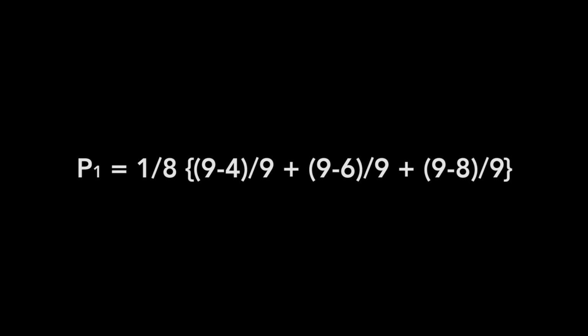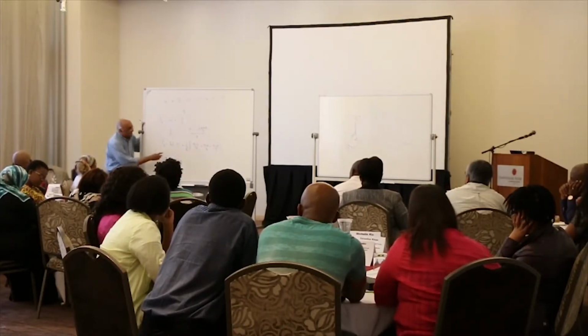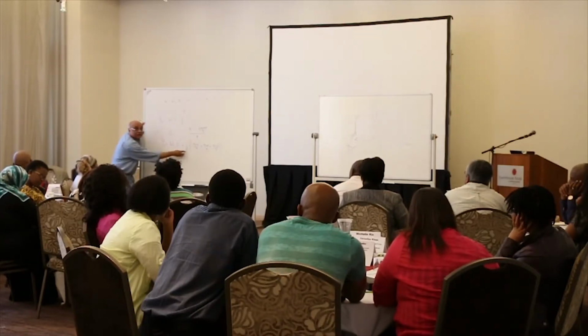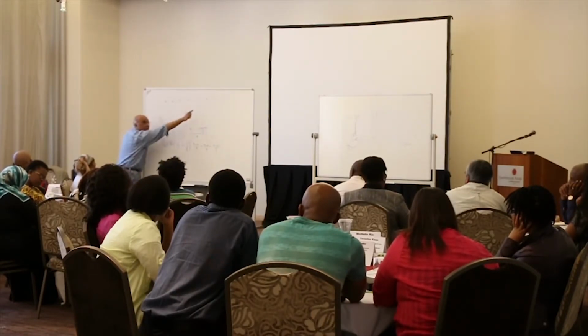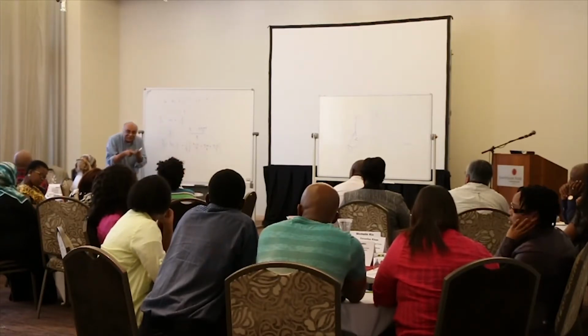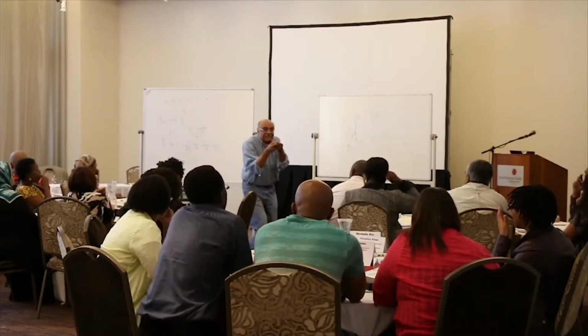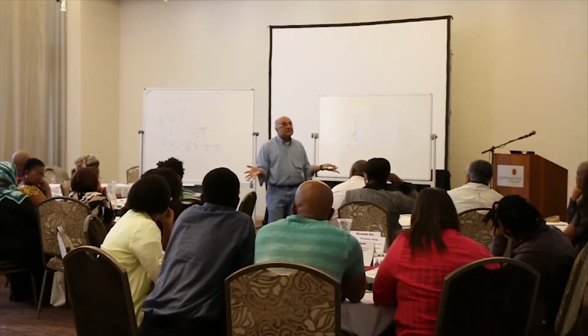So every poor person is represented here. So the numbers as well as their shortfall are being represented here. And then I take it as an average of the total population. 1/8 is the total population. But the key thing to focus on is this thing. What I'm doing is I'm going to each poor person, taking their percentage gap, and then adding it up and saying, this is the total.